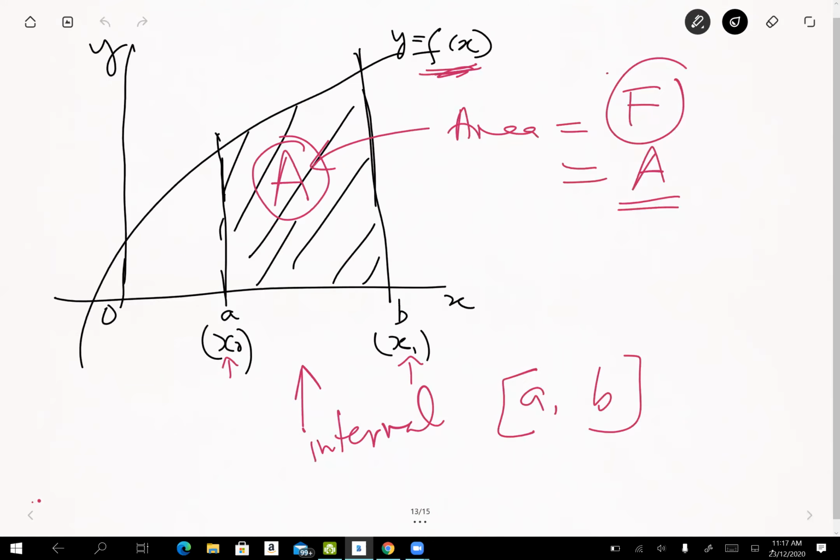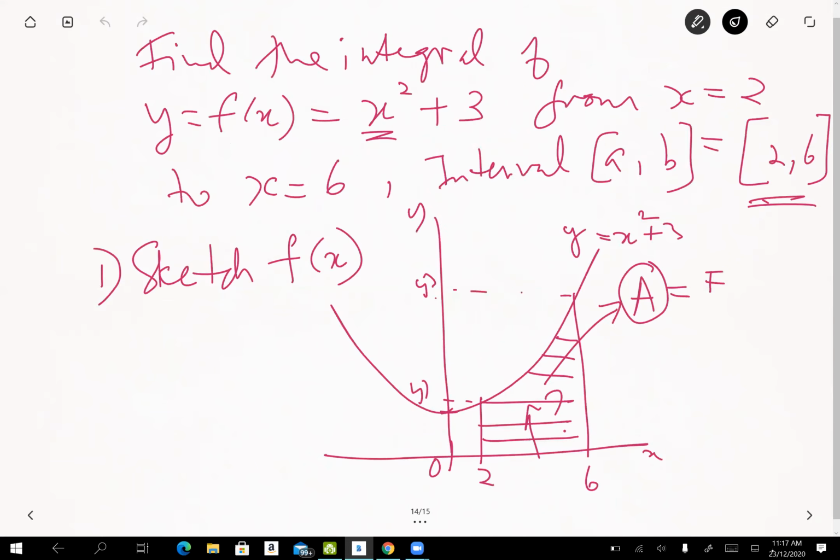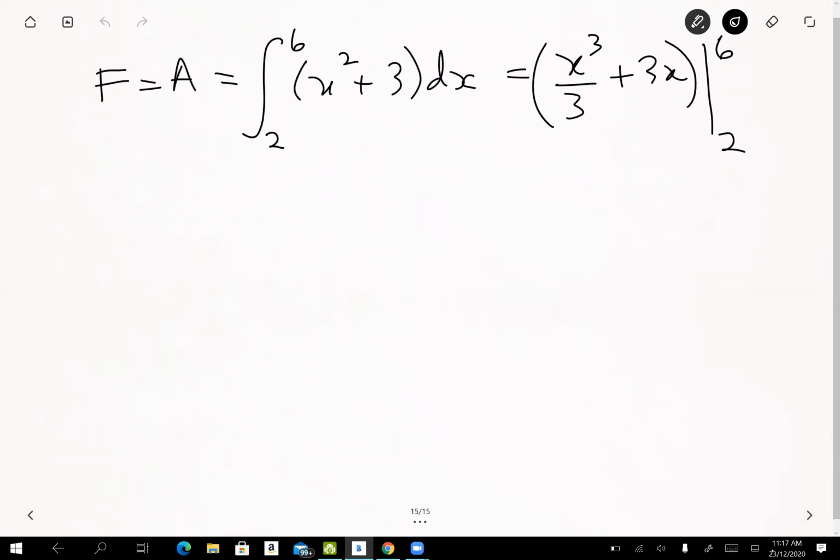So let's do it. Okay? So I want you to try. Do that. Evaluate the function here at 6. Okay? Minus. You evaluate the function at 2. Don't break up the bracket yet. Okay? You keep the brackets. And then only we break up the bracket.